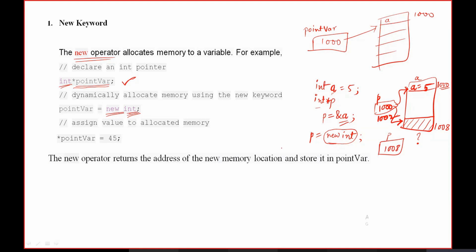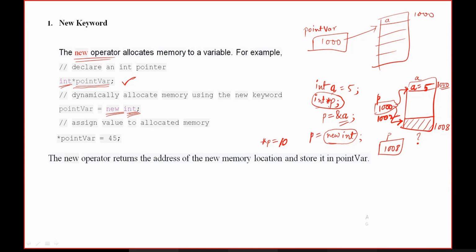I have to say star p is equal to, suppose, 10. Star p is equal to 10. Now remember that whenever I declare a pointer like this, star is used to depict that it is not a normal variable, but it is a pointer variable. If I don't use this star, p will be a normal integer variable.